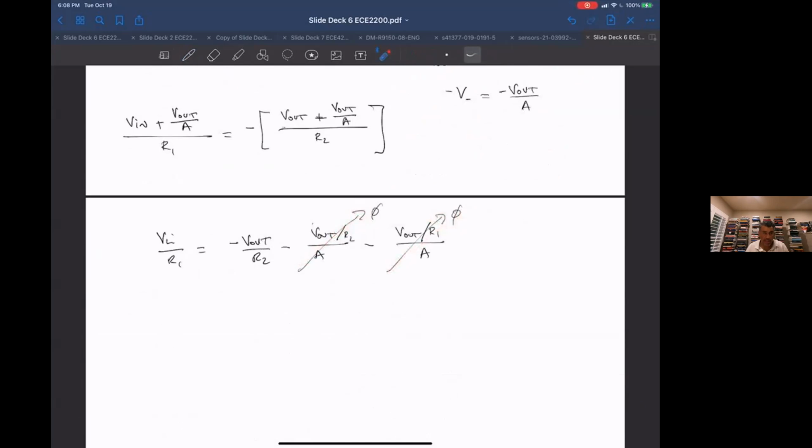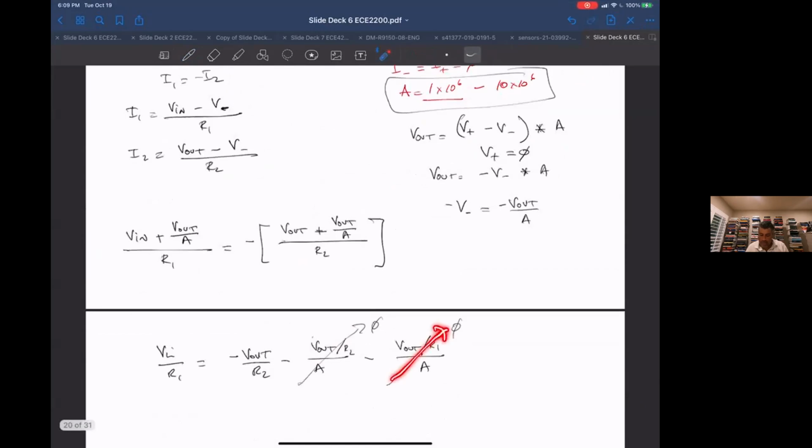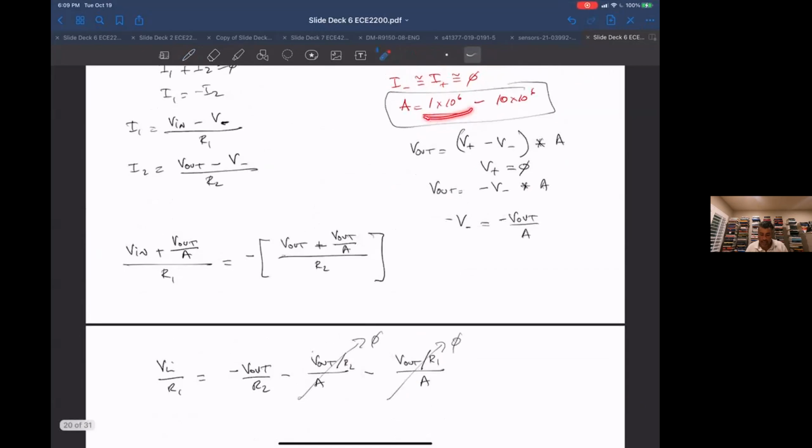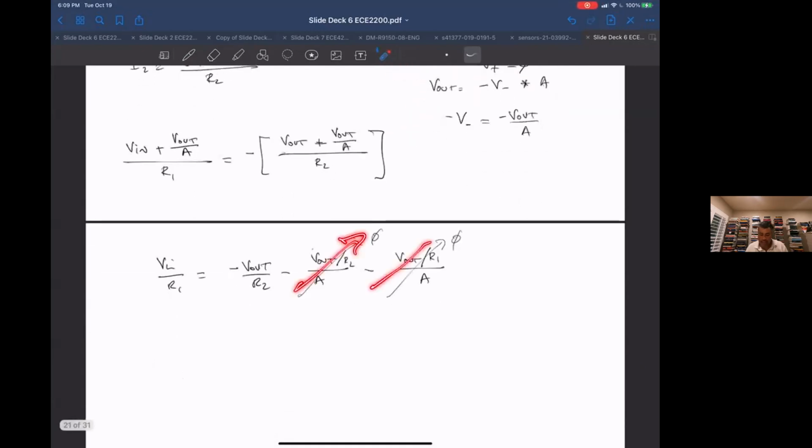There'll be some amount of error, but it'd be much lower than a percentage. Very low. And it doesn't matter the exact value of the gain. A gain could be off by a factor of 10, could be off by a factor of 100. As long as it's a big number, it'll make these guys go to 0.